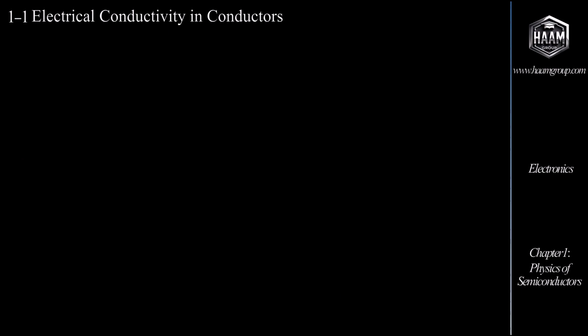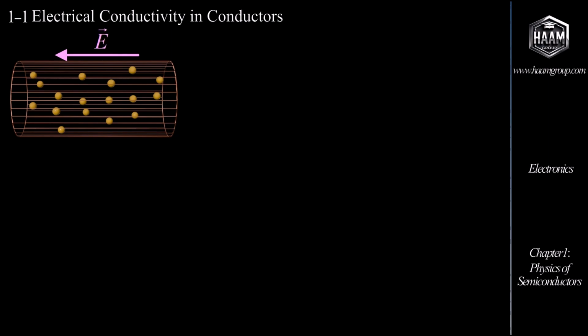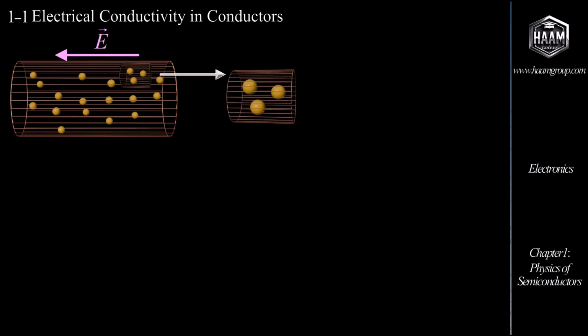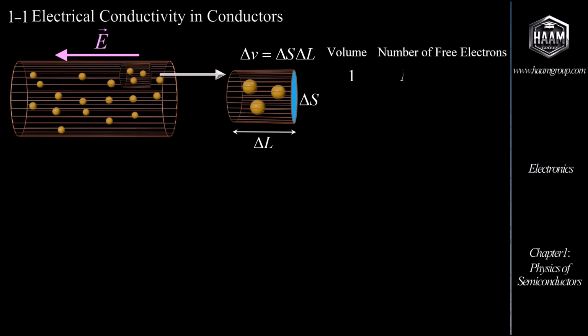Now, for conductors under an electric field E, let's isolate a differential volume element, a volume ΔV, with length ΔL and cross-sectional area ΔS. Naturally, ΔV equals ΔS times ΔL. This is the volume of the differential element we have selected. We know that per unit volume of the conductor, the number of free charges is, say, n.